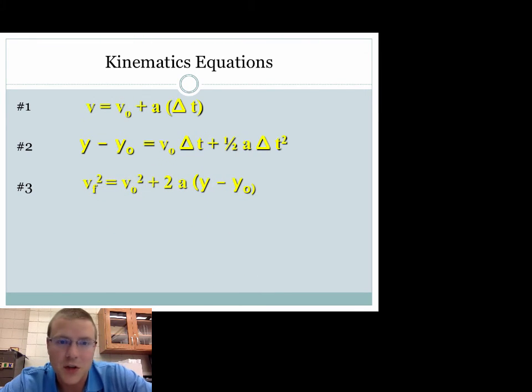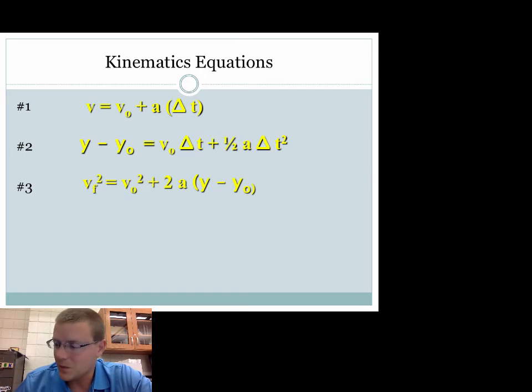The first one is still the slope of a velocity graph as you free fall. The second, we change the x for displacement into y's if you're dealing with vertical motion. Same with equation number 3.